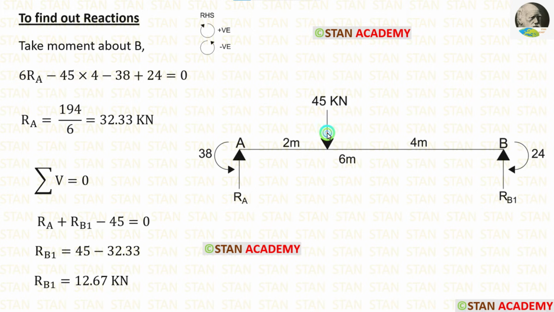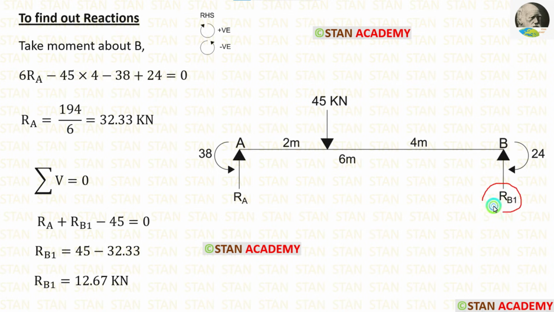The point load 45 kN is acting towards the point B in the anti-clockwise direction, so it will be negative, and the distance is 4 meter, so minus 45 into 4. This moment is acting in the anti-clockwise direction, so it will be negative, and this moment is acting in the clockwise direction, so it will be positive. Finally, we are getting RA, which is equal to 32.33 kN.